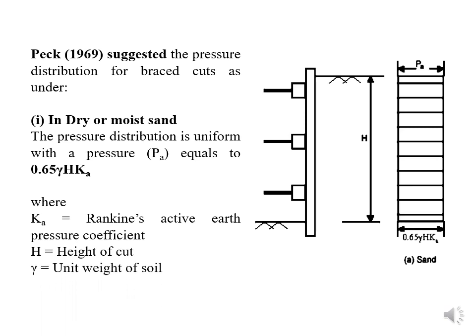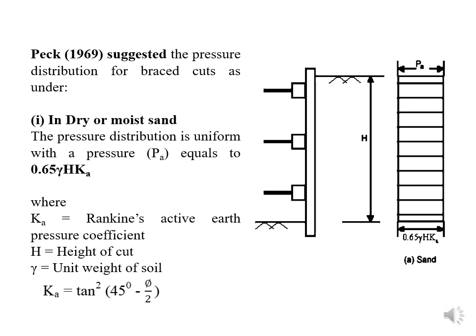So once you know the pressure distribution diagram, you can calculate the total pressure working on the sheeting. Sheeting means the sheet pile wall which has been installed along the surface of the excavated area. So 0.65 gamma H KA. K also you can calculate by tan square (45 minus phi by 2).